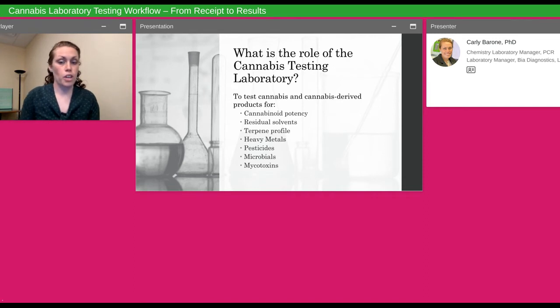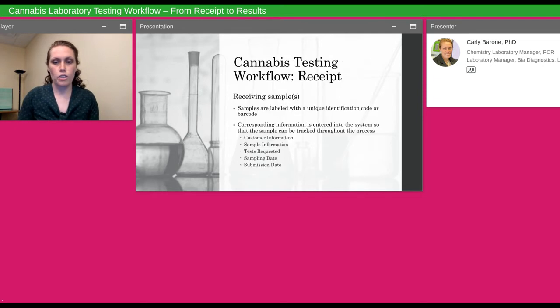With this long list of compounds, we really need laboratories that are able to test accurately and quickly, and this is done using a workflow that is efficient and one that works for that laboratory specifically.